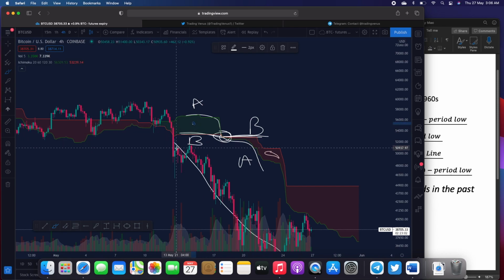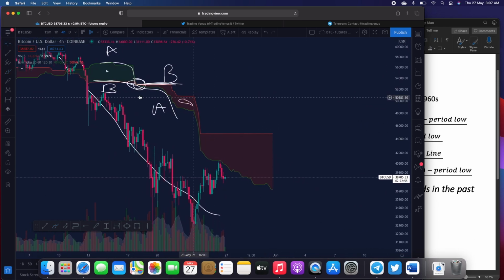The green cloud will always provide support. As you can see, it provided support. And the red cloud will always provide resistance. As you can see, it provided resistance.